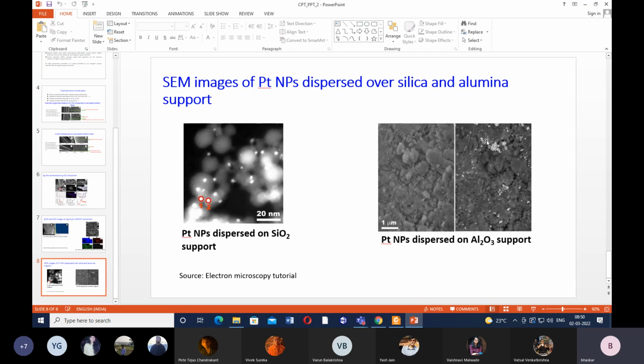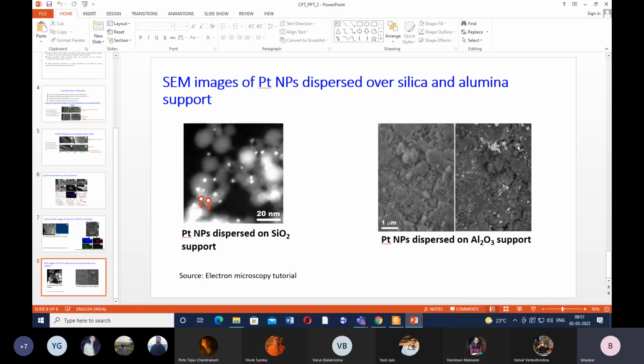However, on top of this background, we can see white shiny particles distributed here and there on the surface. These white shiny particles are the platinum nanoparticles. So this is a perfect example of platinum nanoparticles on an alumina support, and also an example of a supported catalyst.